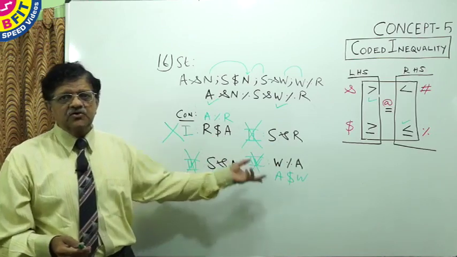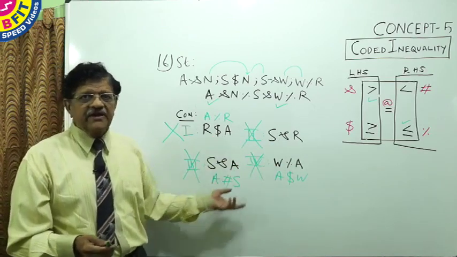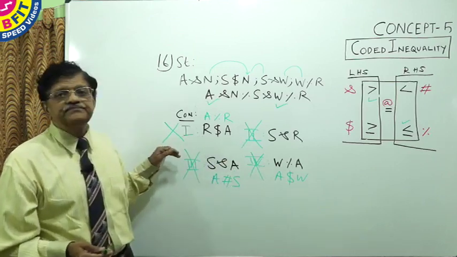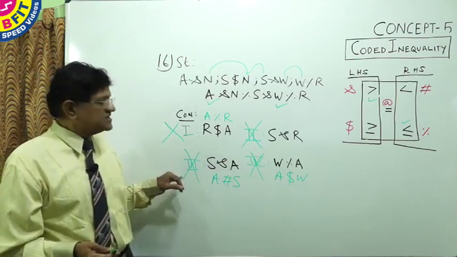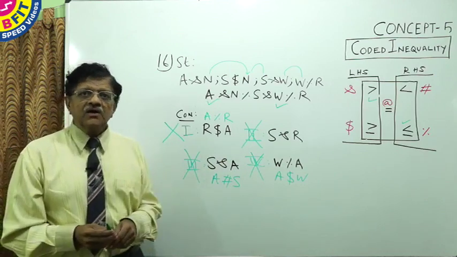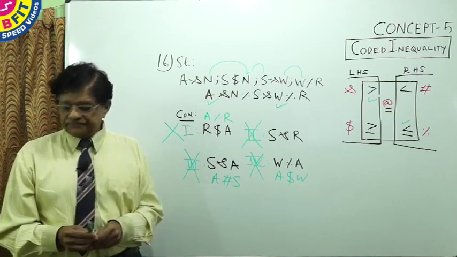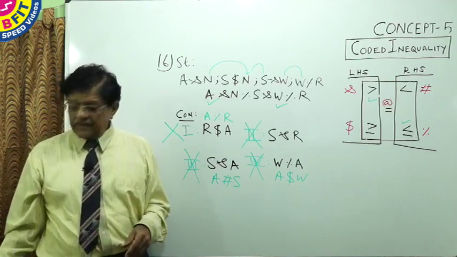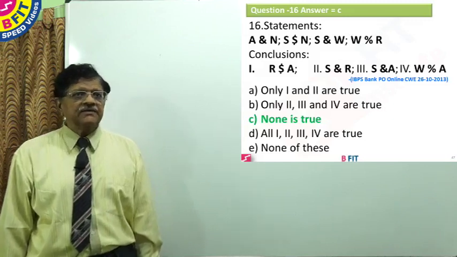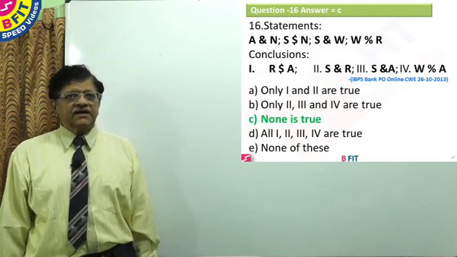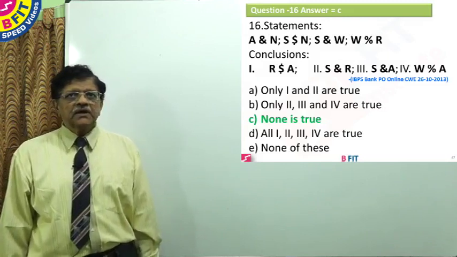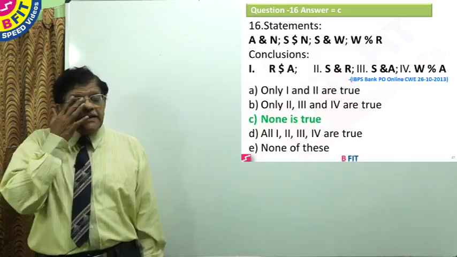The elements in the conclusions are differing, and therefore they cannot be a complementary pair, and therefore the answer for this question is that all the 4 conclusions are false. Let us check the answer slide. Now for question number 16, the correct answer is none of the conclusions is true, option C. Now let us go to the next question.